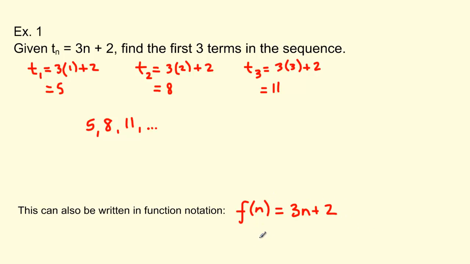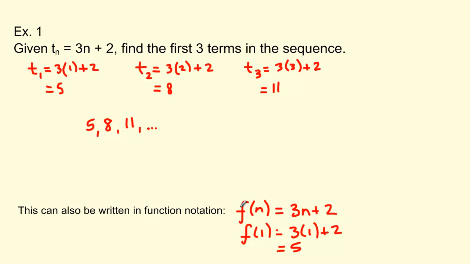So you could see that if I wanted the first term in the function, well, f at 1 would be equal to 3 times 1 plus 2, which is just equal to 5. And we would get the same pattern that we had up above. So function notation works the exact same way.